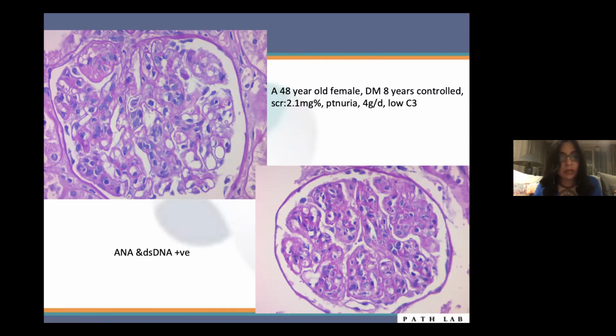And he was not very convinced, but he did check for lupus because he called me up 1 week later and told me her ANA and double-stranded DNA were positive, on all her lupus markers. She is in lupus activity, and this patient had developed lupus, and she's been diabetic for 8 years.